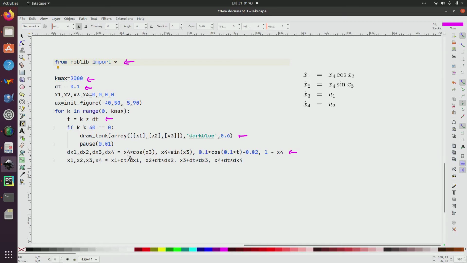So I can recognize here dx1, dx2, u1, u2, and u1 is given by this, and u2 is given by this. And here I will use an Euler formula for integrating my state equation.